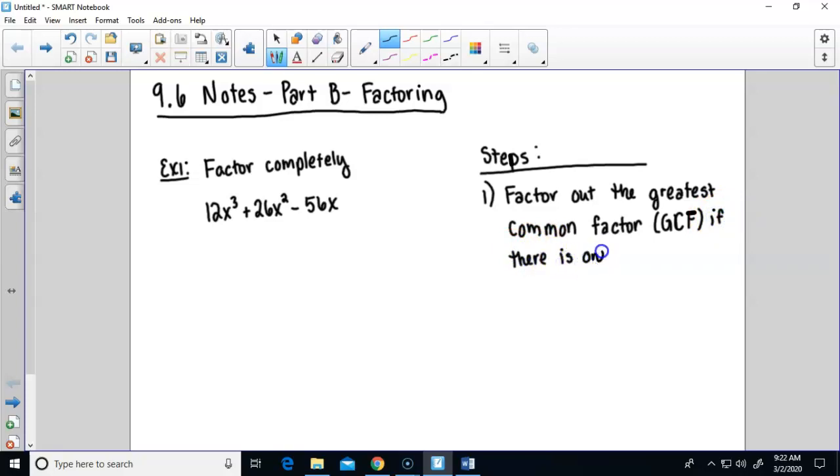Now we will do a lot of problems that do not have a greatest common factor, and so you will forget this step probably. But I have started here with a problem where we do have a greatest common factor.